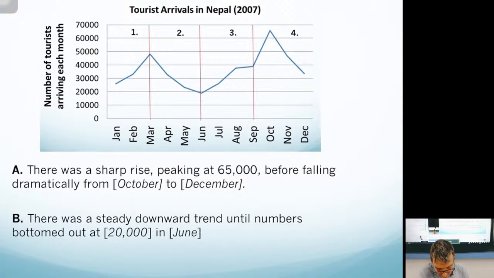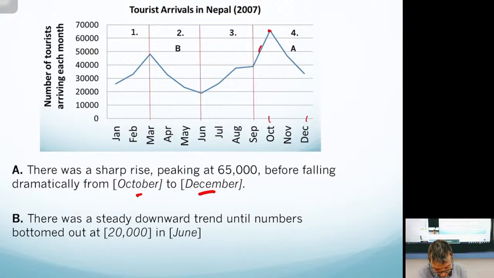Okay, so for part A, you should have got 4A. There was a sharp rise. This is the sharp rise, peaking at 65,000 before falling dramatically between this month and this month. So October and December. Part B, was it 1, 2, or 3?